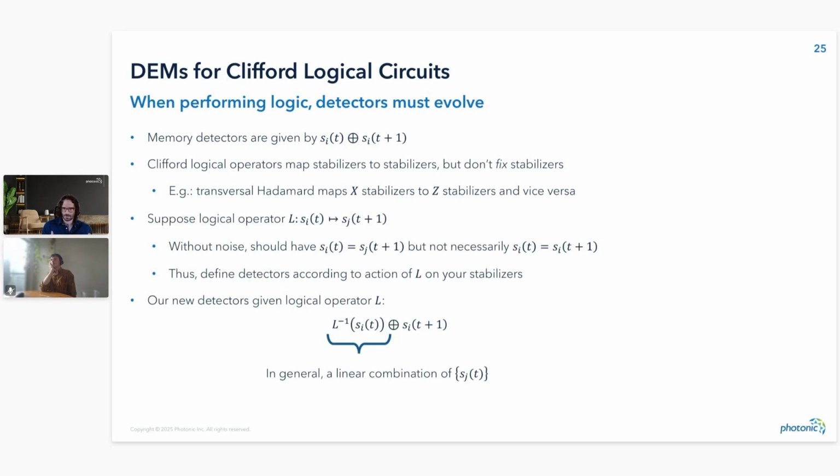So all you need to do to define detectors for your logical operator, given that you've performed a logical operator L here, is to compare each stabilizer's value at time t+1 to its pre-image under the action of L at time t. And mind you that the pre-image under the logical operator L doesn't need to be precisely one of the stabilizers you measure, but it will always be a linear combination of these stabilizers that you measure.